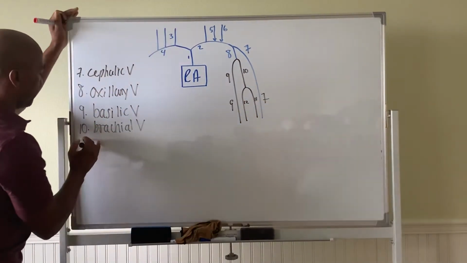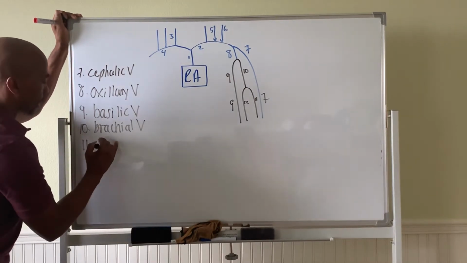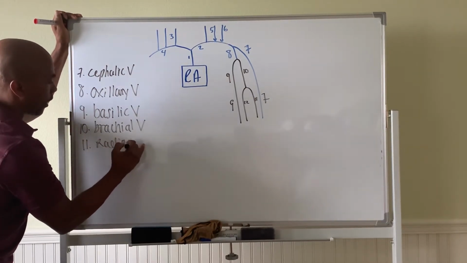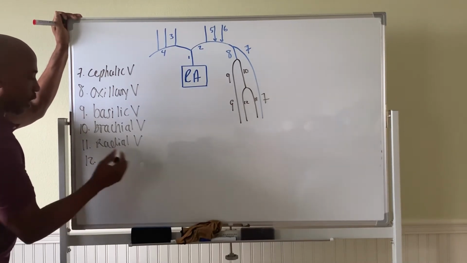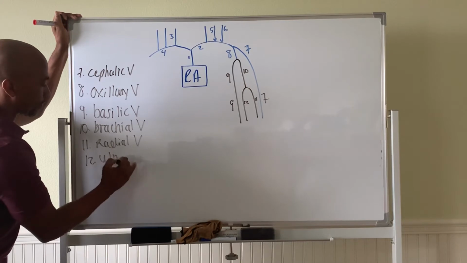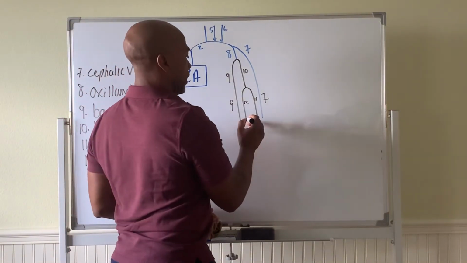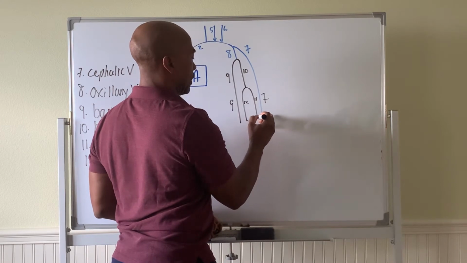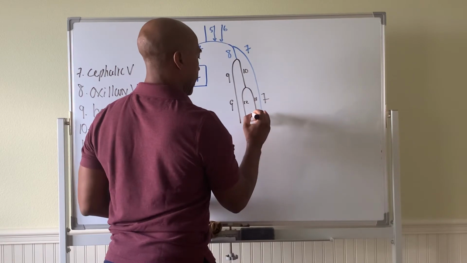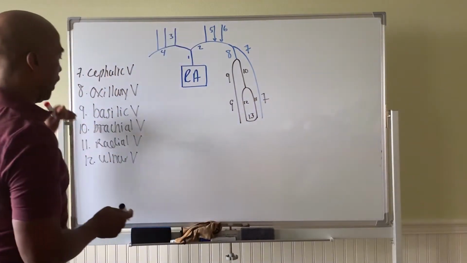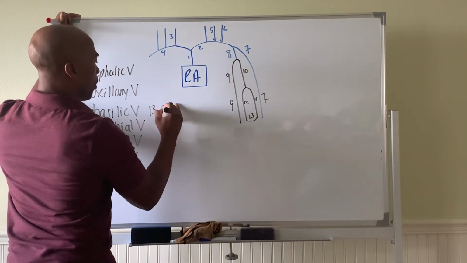So 11 runs along the radius, so that is your radial vein, and 12 along the ulna is your ulnar vein. Those two veins, radial and ulnar, are fed into by your 13, the palmar venous arch.